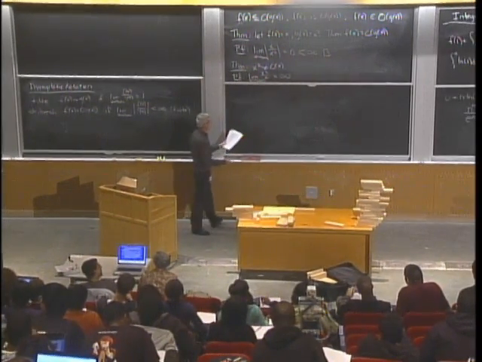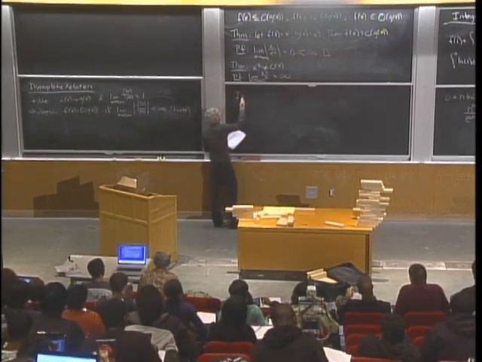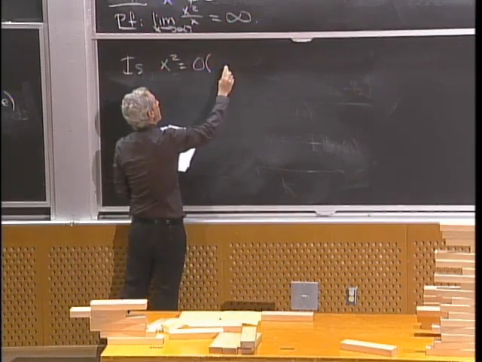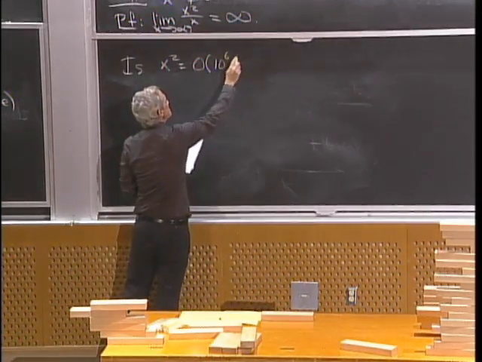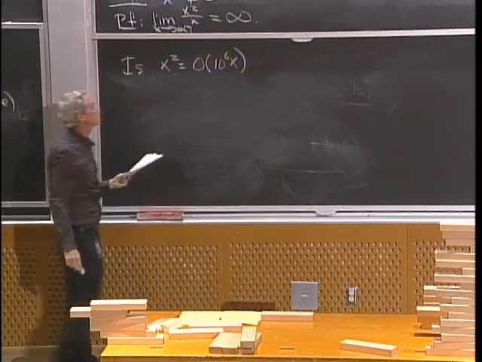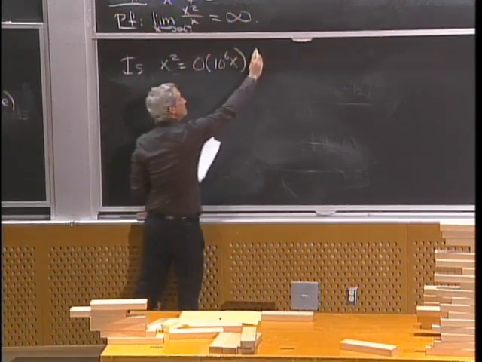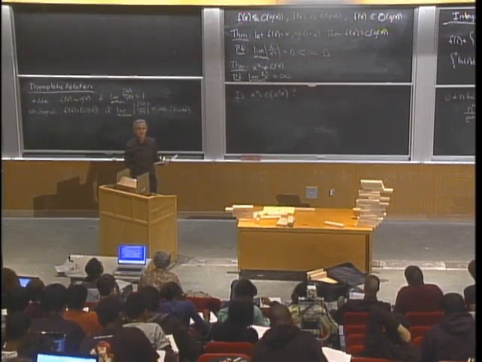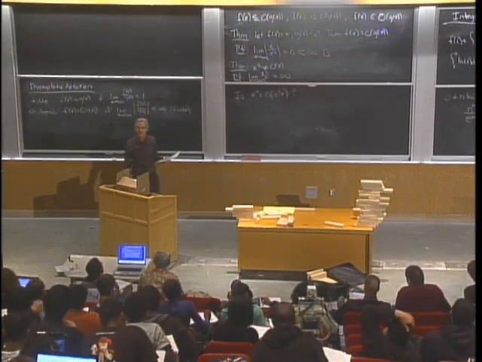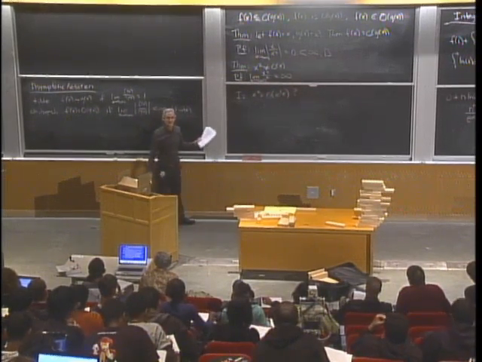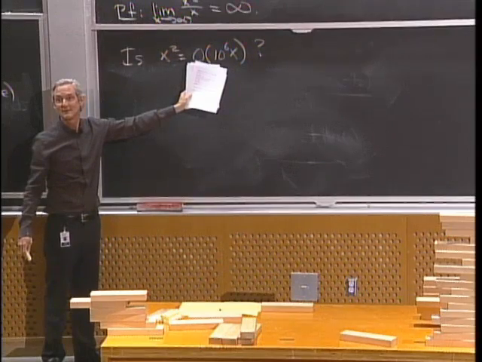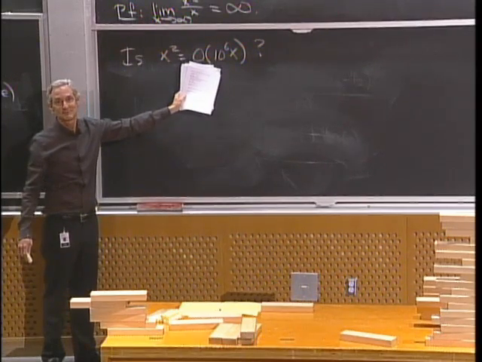All right, what about this? Is x squared equal O of 1,000,000 times x? Yes? No? What do you think? This looks pretty darn big. It's a constant. That's a constant.